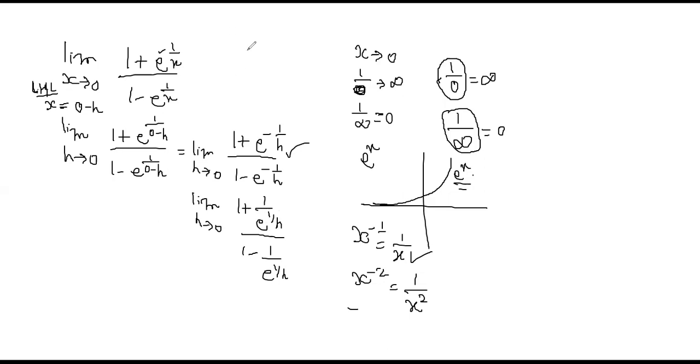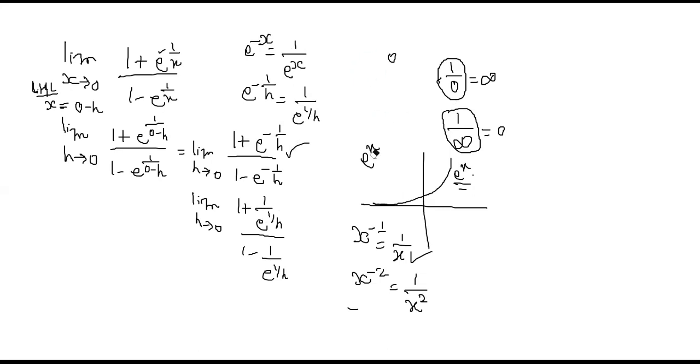Again, e raised to power minus x is equal to 1 by e raised to power x, or not? Yes, sir. So e raised to power minus 1 by h equals 1 by e raised to power 1 by h, yes.